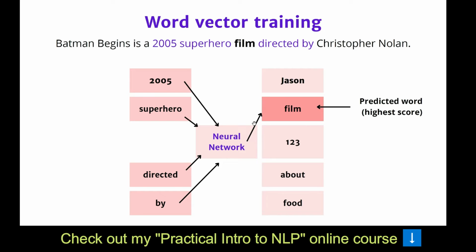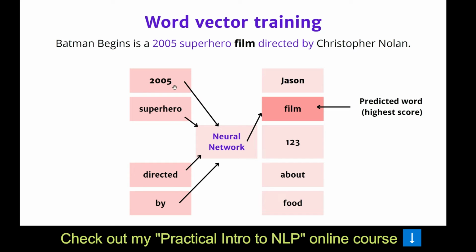All you are trying to do is adjust the weights of the neural network such that this output gets the highest score, which corresponds to the word film. So when I say the input is words, again they are not simply words, they are just tokens or indexes.